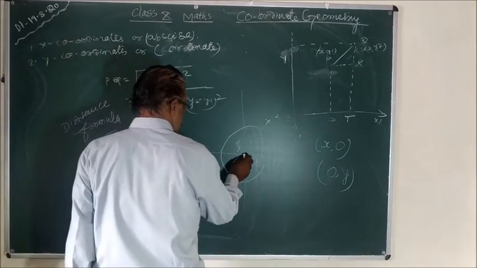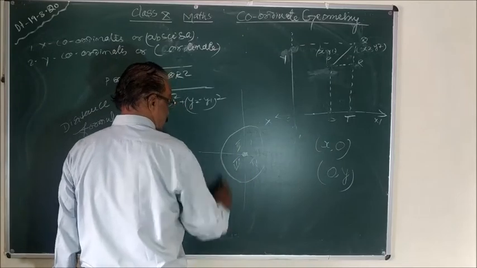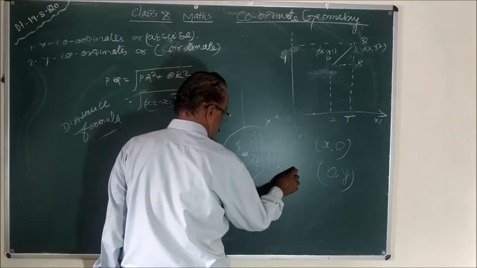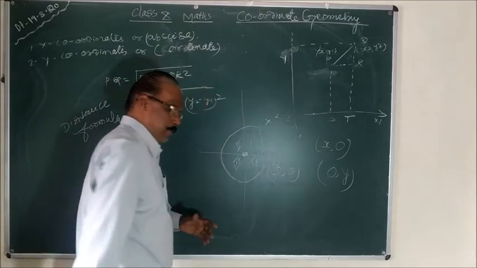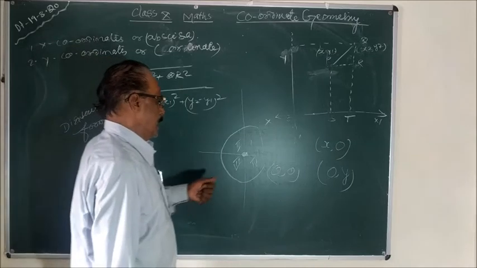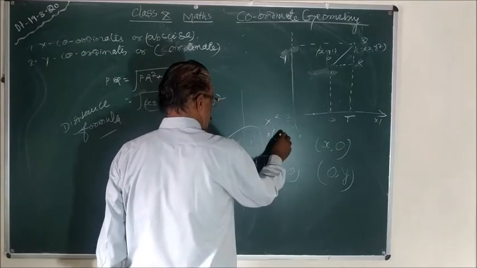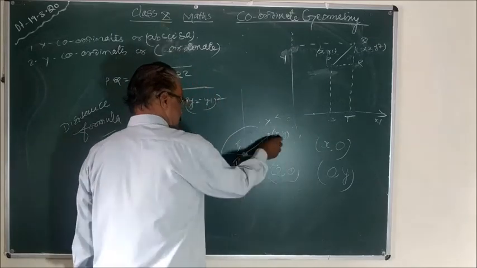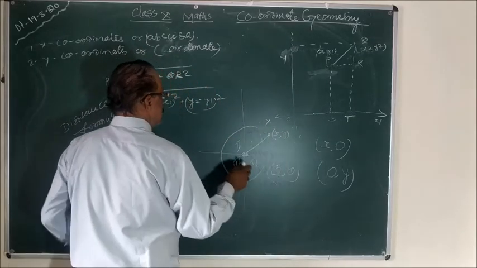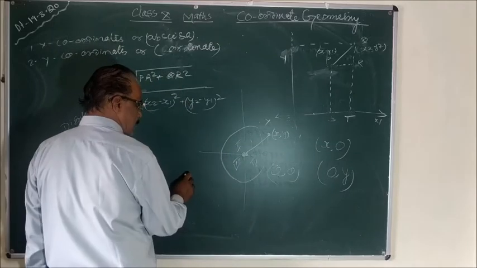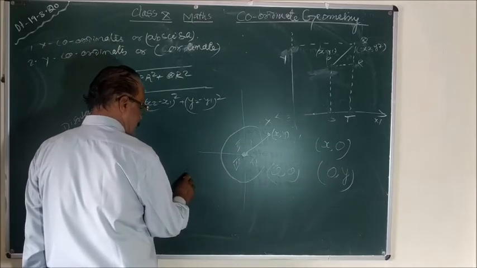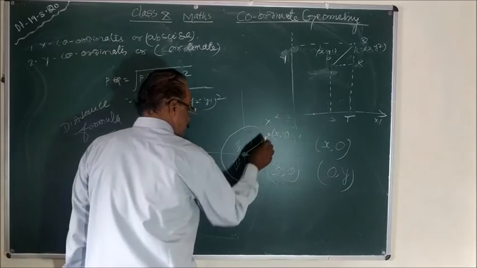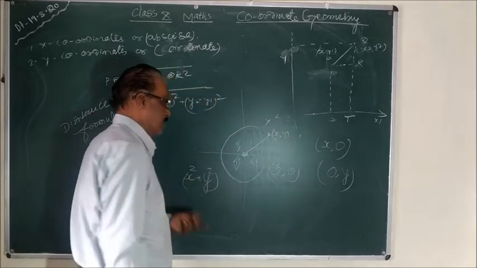Here I would like to point out, if a point is on the origin, the coordinates you know very well, 0, 0. If one point is on the origin and the other point is P with coordinates x and y, then the distance OP will be the same formula, but it becomes the square root of x square plus y square, because x2 minus x1 is x minus 0, and similarly for y.